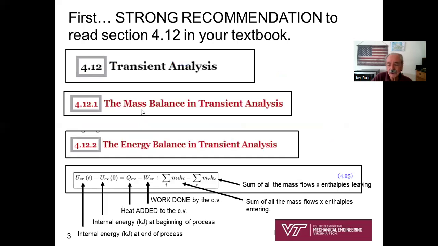And the approach is going to be disclosed to you in section 4.12, which the textbook calls transient analysis. In 4.12.1, it derives the mass balance, the continuity equation, for this process that you just saw in a sketch. And then 4.12.2 derives the energy balance, in other words, the first law of thermodynamics, for this type of process.